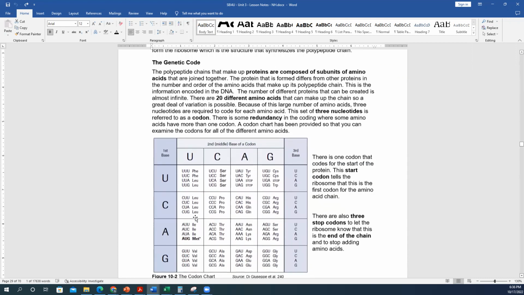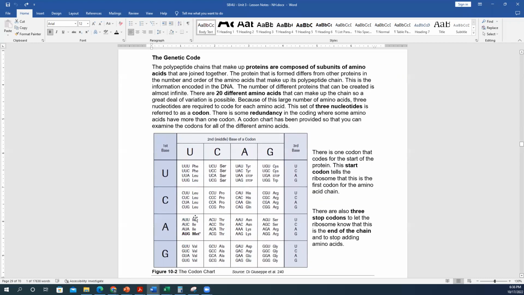Now, when we're thinking of any given protein, it would be different from other types of protein in both the number and the order of the amino acids that make up that polypeptide chain. And this is the information that is encoded in DNA.